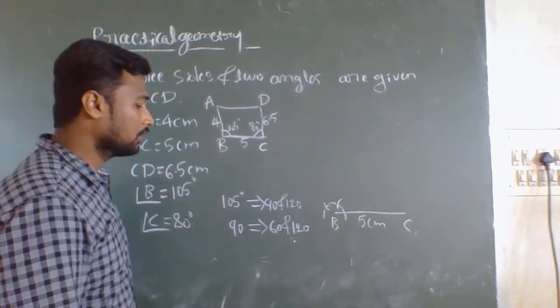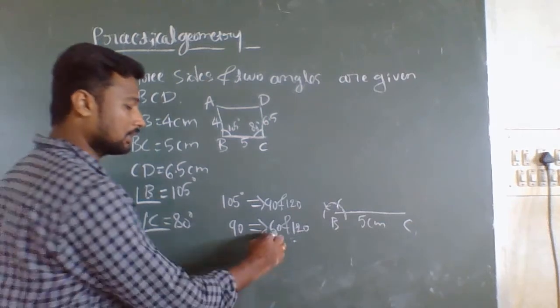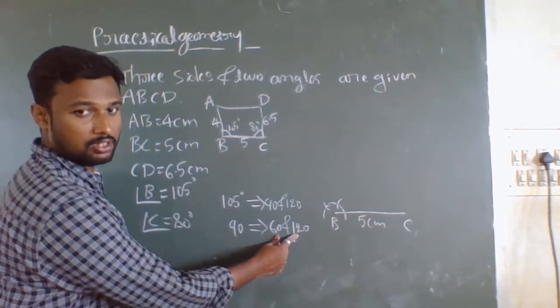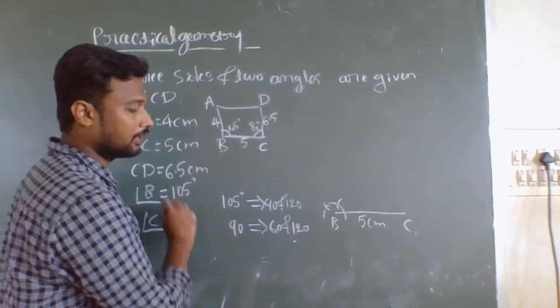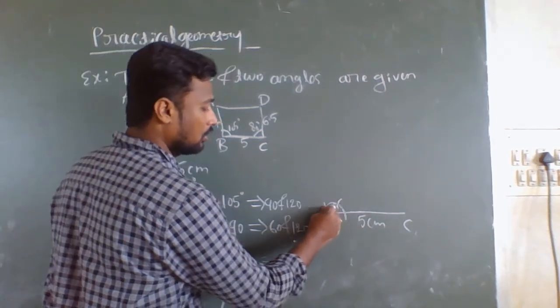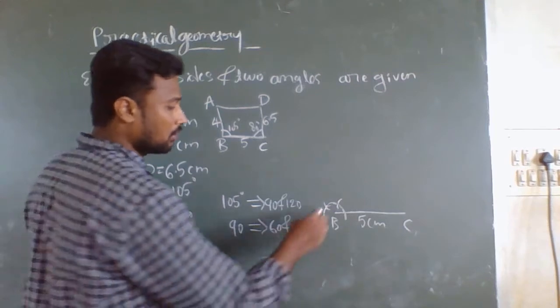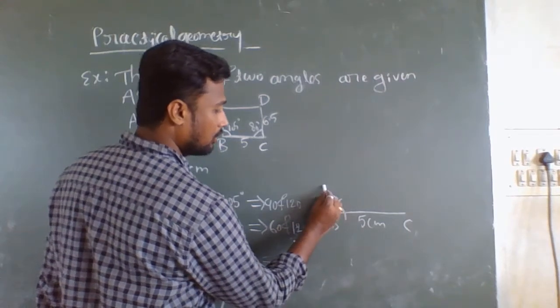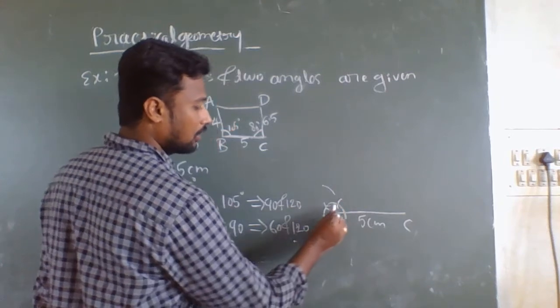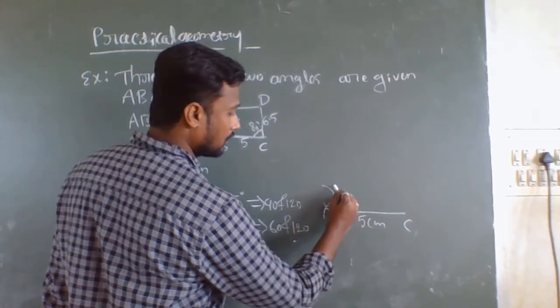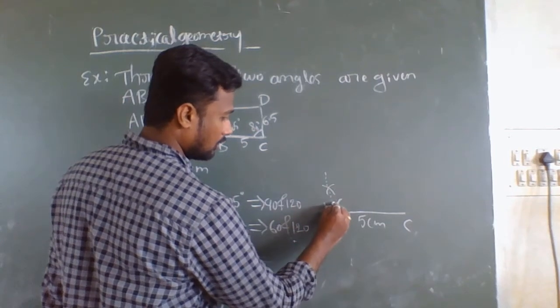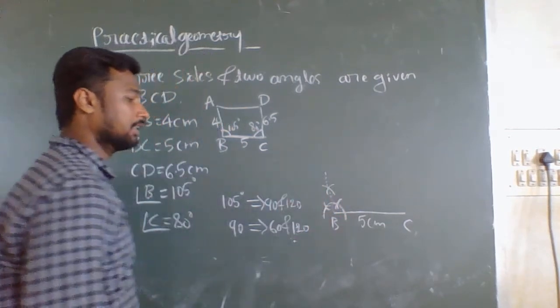Therefore, by using these two angles, I will construct 90 degree. Keeping the same distance of the compass, place it on the 120 degree intersection and draw an arc here, and likewise from 60 degree draw an arc. If you join this line, you get 90 degree.